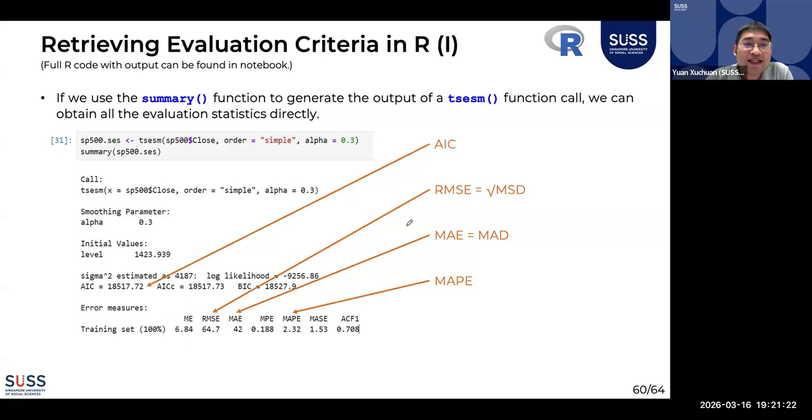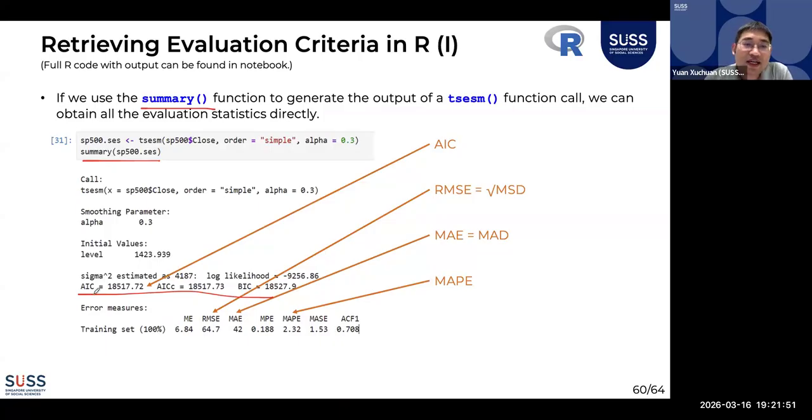You can use the summary function to look at your fitted model, and the model will display those indicators: the AIC, BIC, and also many error measures, for example, mean error, root mean square error. Okay.